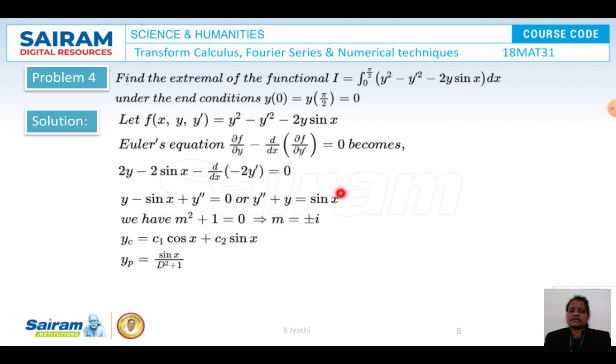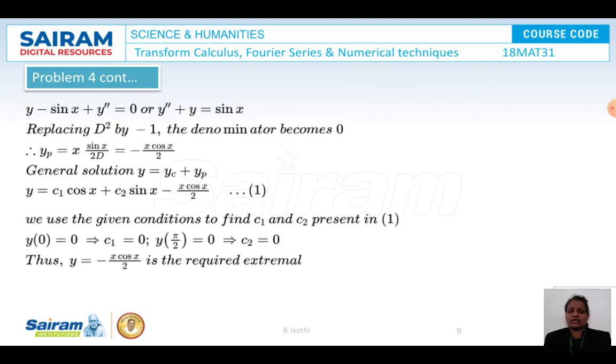Since the right hand side is not equal to 0, which is a non-homogeneous equation, here you can observe there is a sin x. Therefore, we need to find the particular integral, that is yp, that is sin x divided by d squared plus 1. So, in order to find the particular integral, we need to replace d square by minus 1, and the denominator becomes 0.